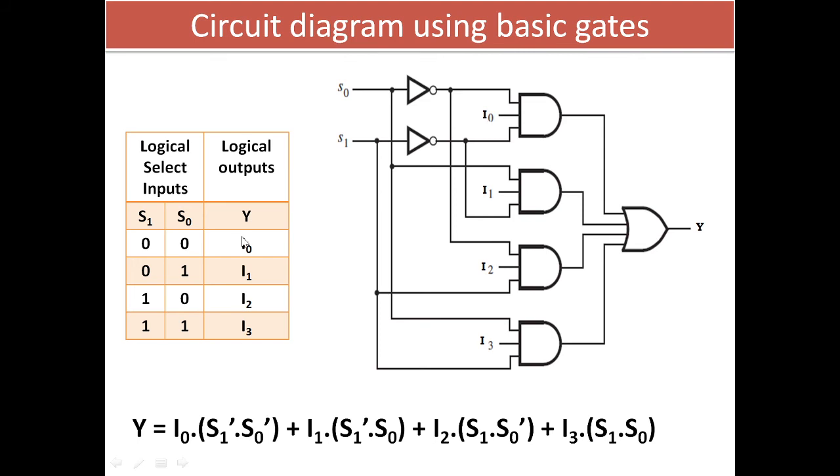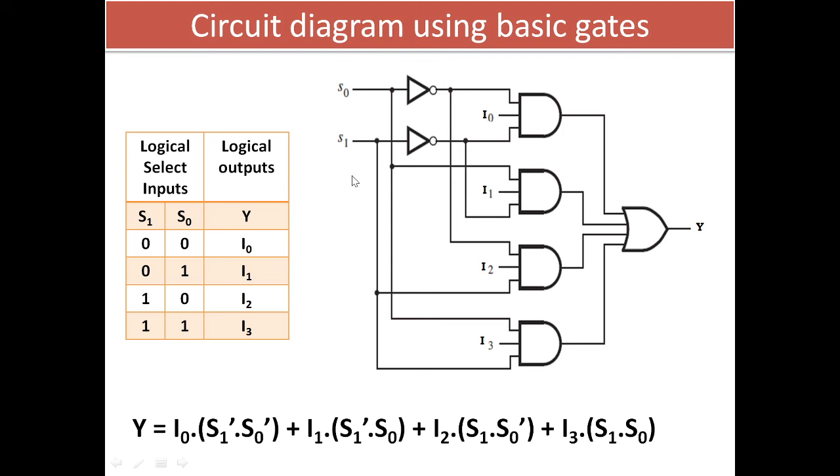Now if we use this to get the logical circuit diagram using discrete gates, we can draw the circuit in this manner. First of all, you see both the variables S1 and S0 are needed in the true form as well as the complemented form. That means sometimes it is high, sometimes it is low.